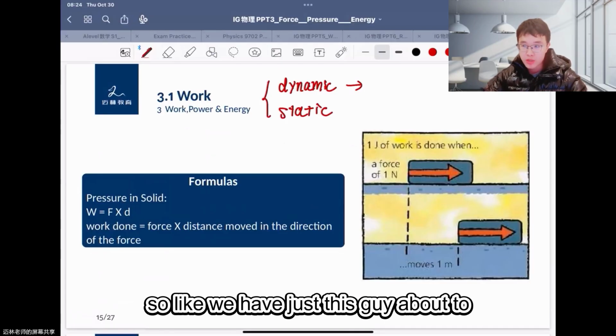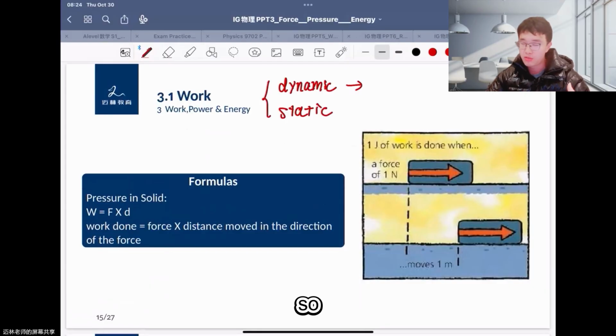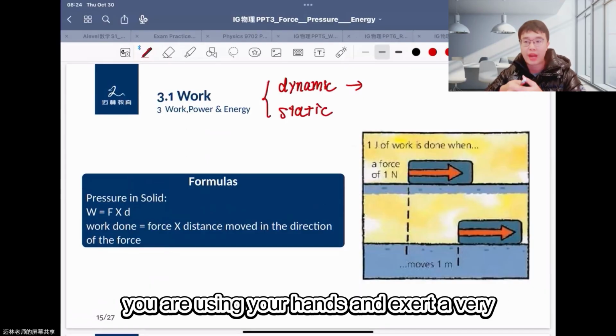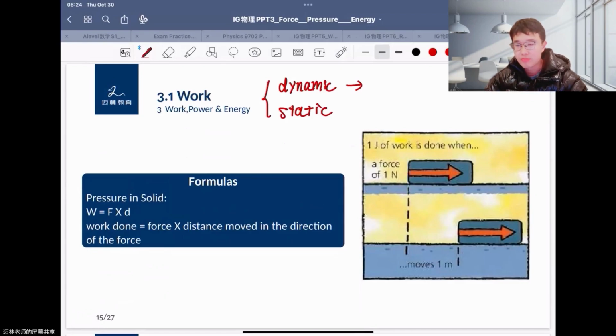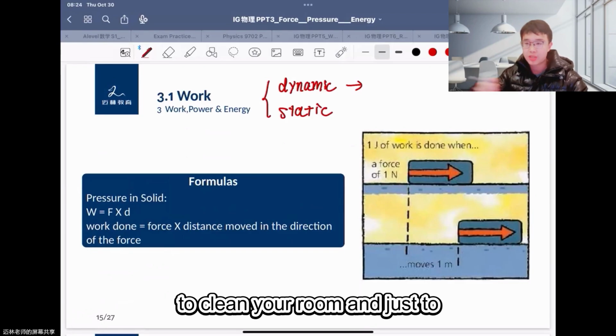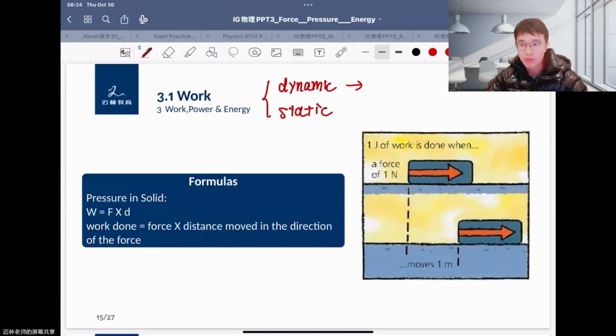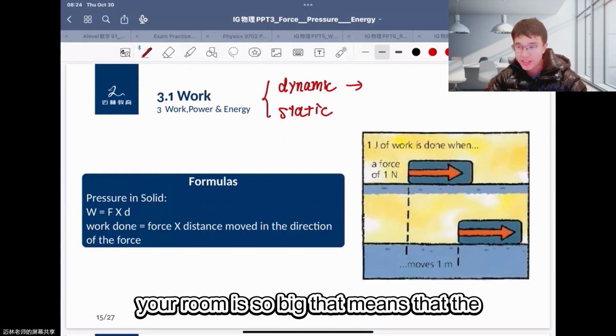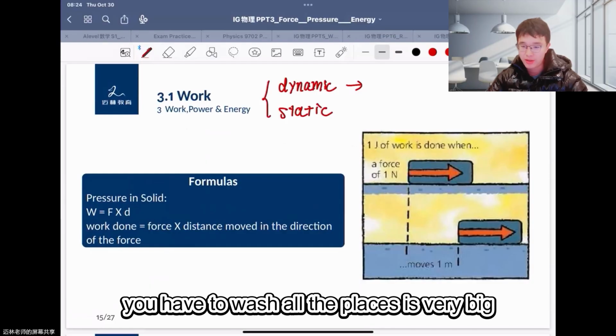Okay. So like we have just discussed about cleaning your room, right? Once you clean your room, you use your hands and exert a very big force to wash all the floors in the room, right? And if your room is so big, that means the distance you have to wash is very big.